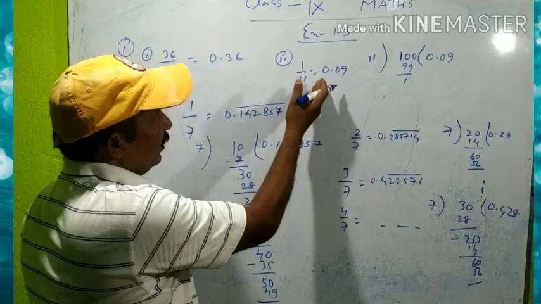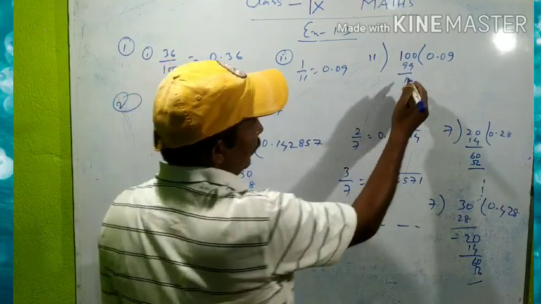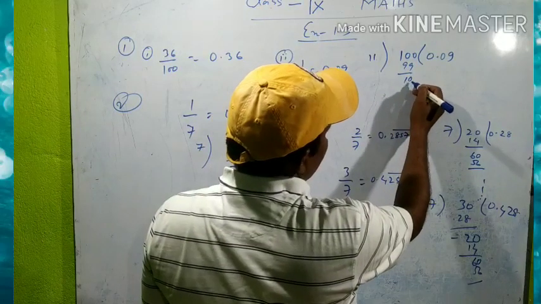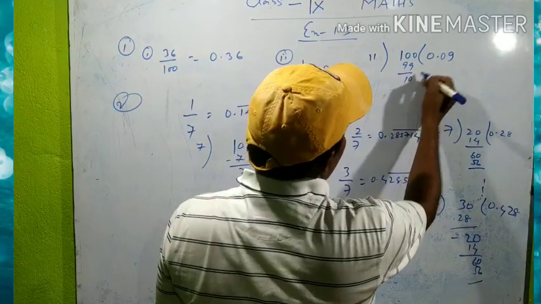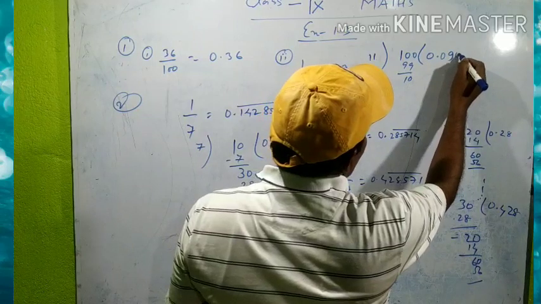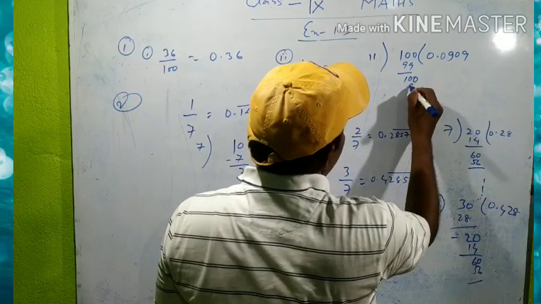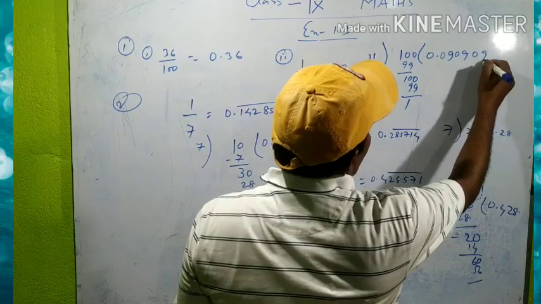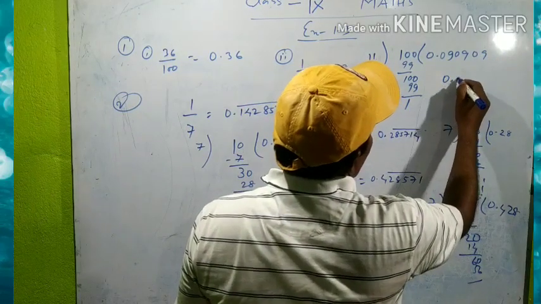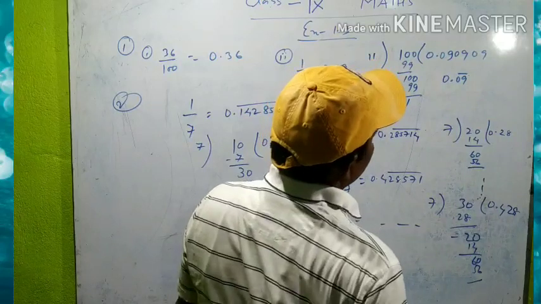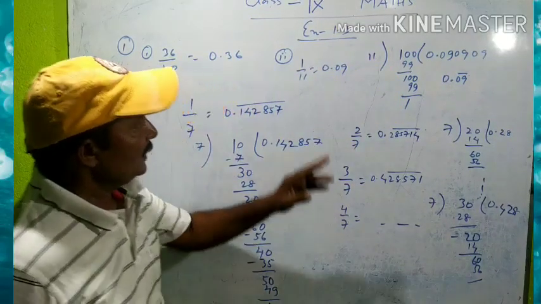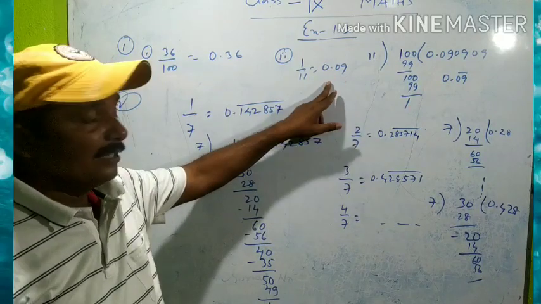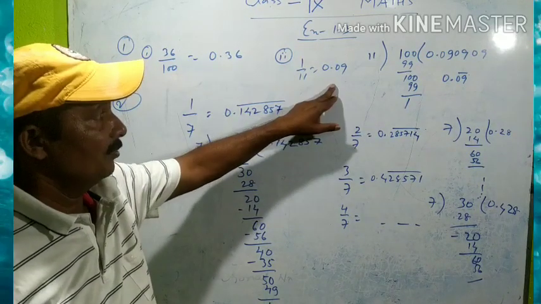And if you divide this one, look here. 1, 0 it will not go, then 0, then again 9 times. 90. Look here, 0.9 like that, means 0.09 like that. So it is a non-terminating and repeating decimal.